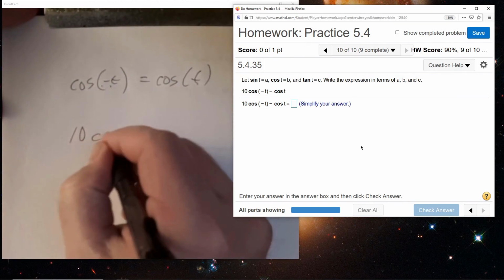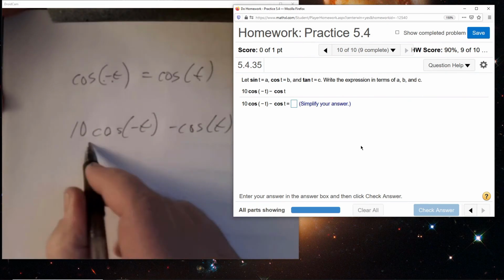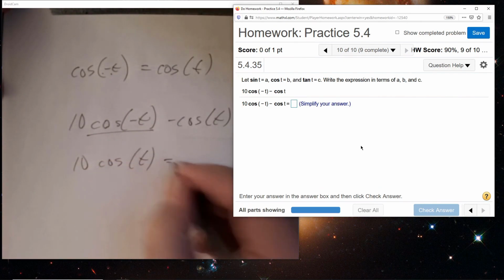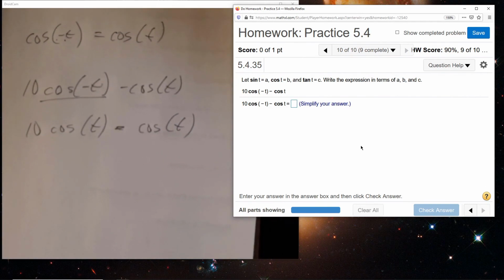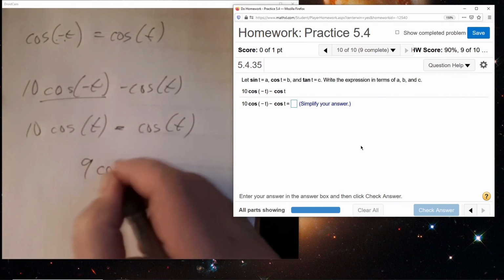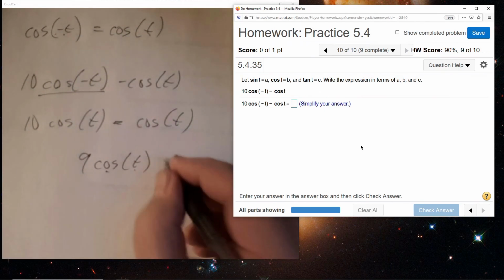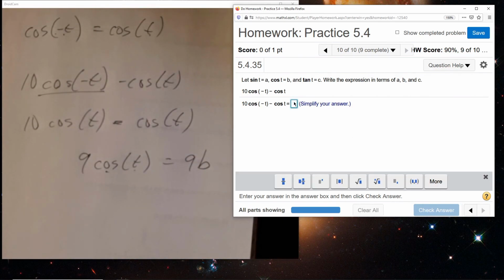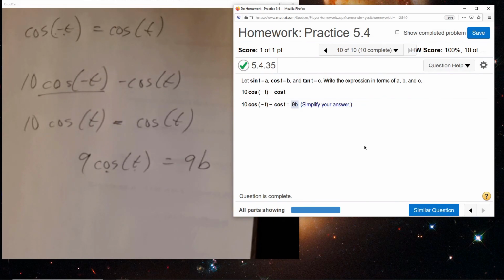So when we have this equation here, we know we can rewrite this as positive t because it's an even function. So 10 minus 1 is 9. And they're telling us that cosine t is b by looking at the information they give us. And that's our answer. And there is practice 5.4.